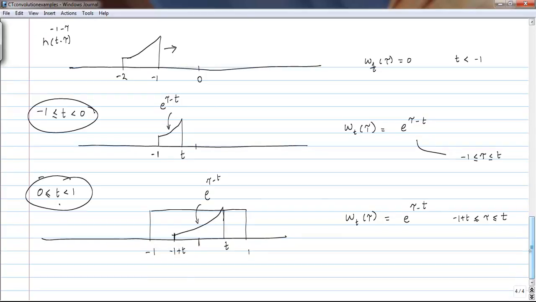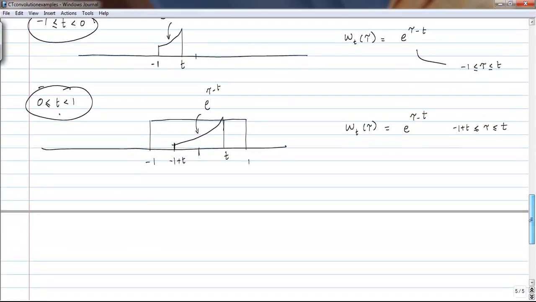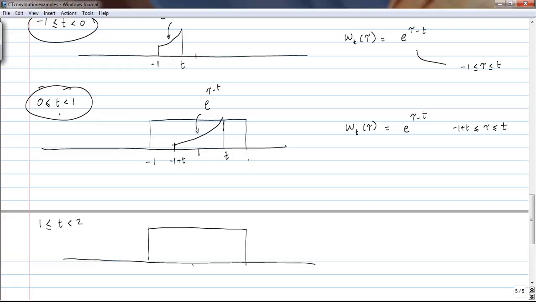So on the last one is when t becomes greater than 1, but it's less than 2. Actually, this is not the last one. There's one more. So in this case, I have x of tau which looks like this, and then my h of t minus tau looks like this.